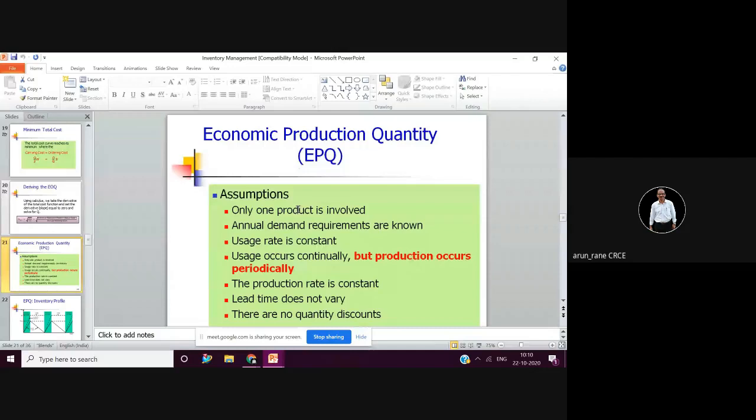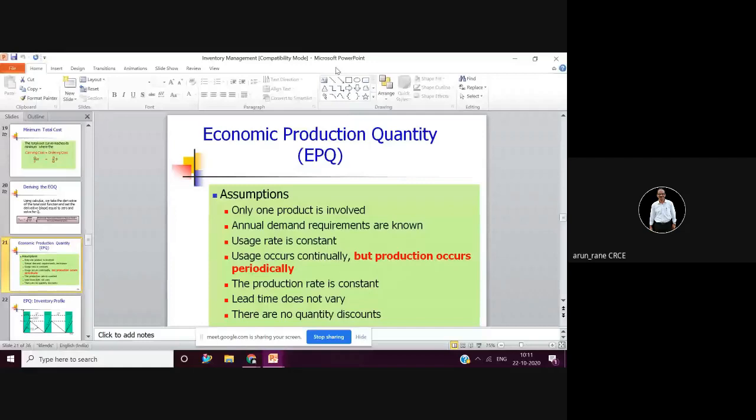Okay, so we're discussing this inventory model, economic production quantity or economic order quantity, that is EPQ and EOQ. There is a difference.